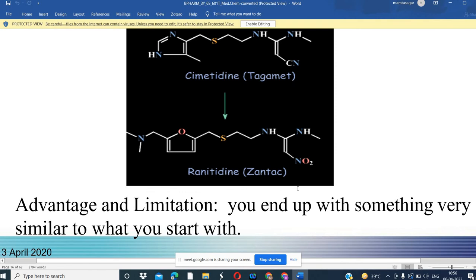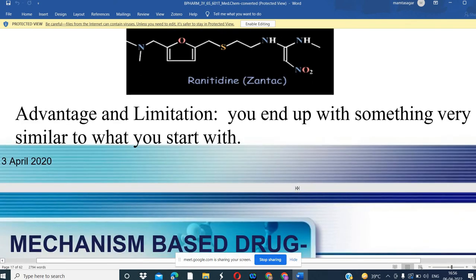Sometimes you may end up with a drug very similar to the original. If we design a drug by doing modification, it may happen that the other drug has the same activity or less activity. Anything can happen. Modification can decrease the activity and can also increase it. If it increases the activity, then it will be good for us.